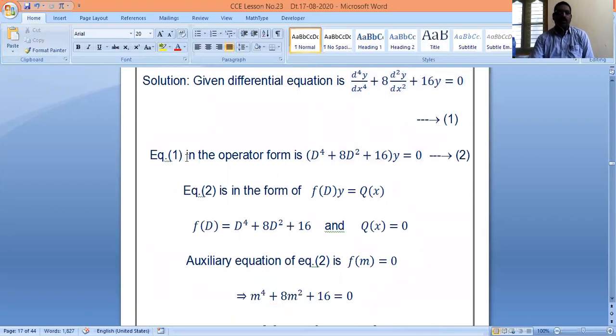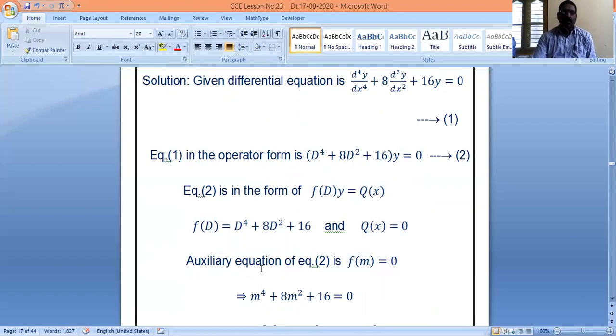Now equation 1 in the operator form is (D power 4 plus 8D square plus 16) into y is equal to 0. Let this equation be 2. Now equation 2 is in the form of f of D into y is equal to Q of x. Here f of D is equal to D power 4 plus 8D square plus 16 and Q of x is equal to 0.